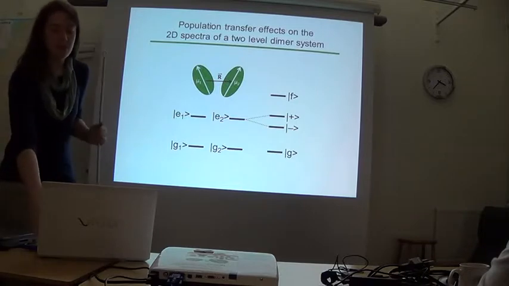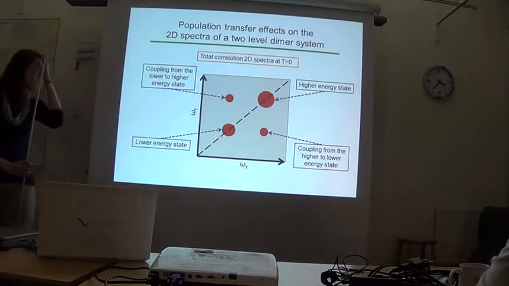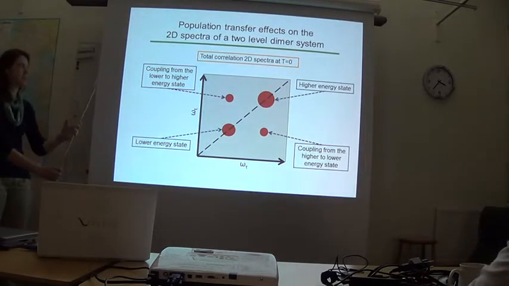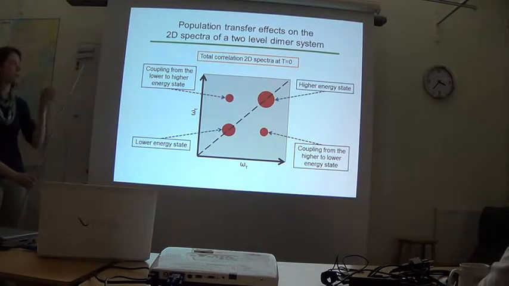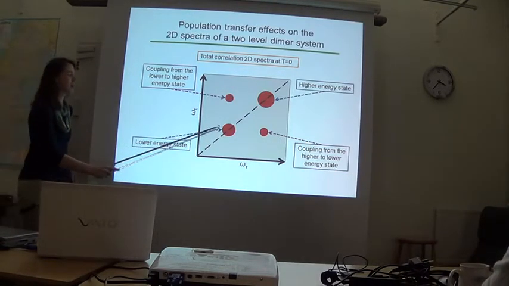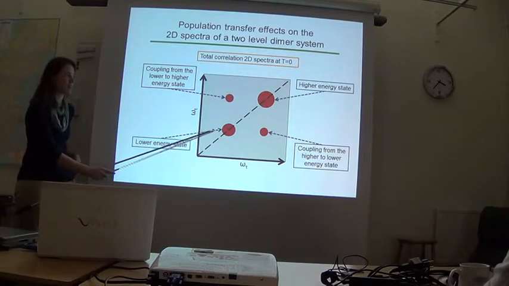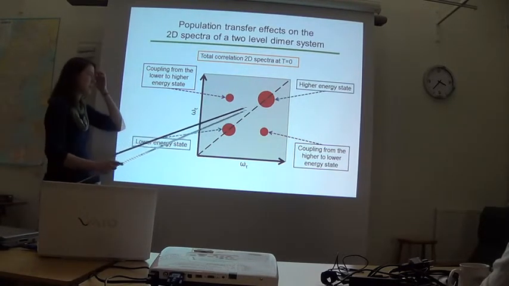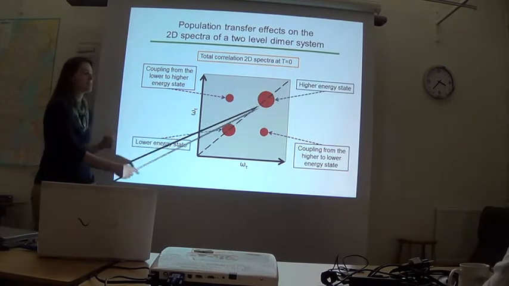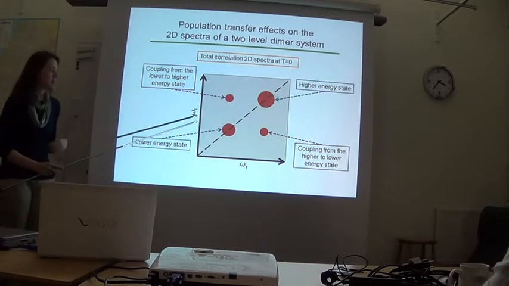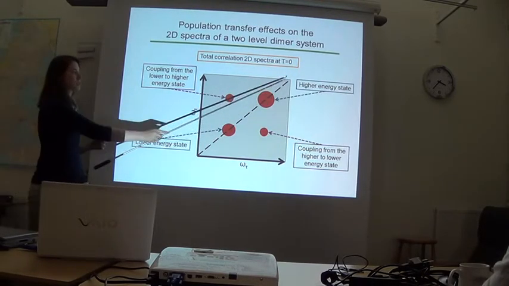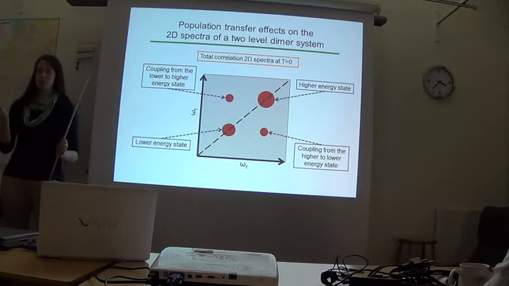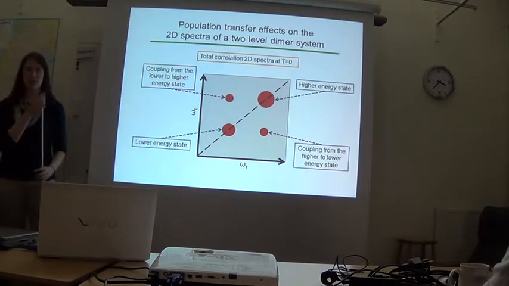So then when we look at our spectra, this would be like a model of a 2D total correlation spectra. You would have a dot along the diagonal that would be your lower energy state, so the minus ket, as well as your higher energy state, or the plus ket. And so if you were to just look along the diagonal line, that would be equivalent to like a one-dimensional fluorescence technique.